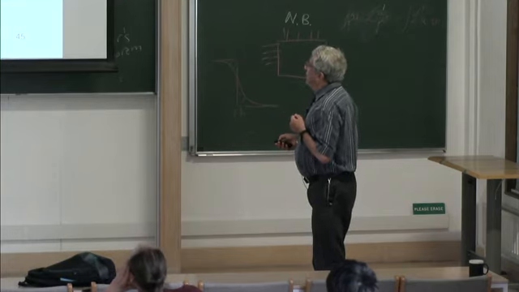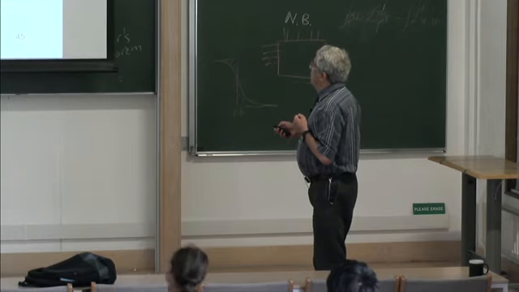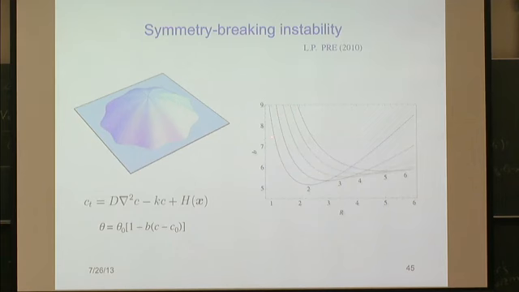And this is what we obtain. These are instability boundaries for a circular droplet, and here B is this parameter: the larger B is, the stronger the dependence of the contact angle on the concentration, which drives it. And these are for all perturbation modes.